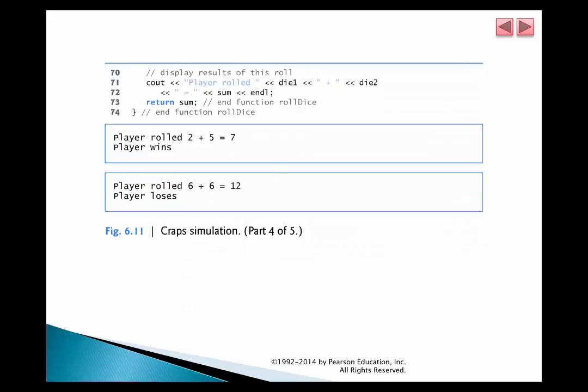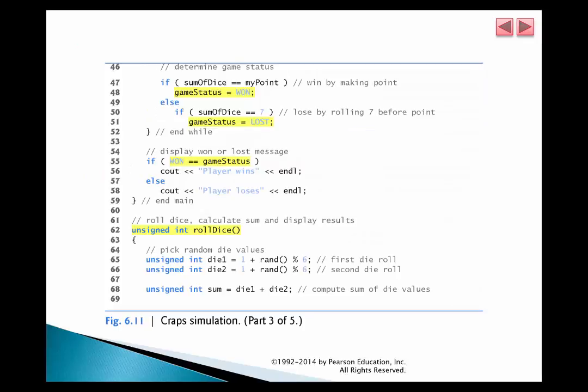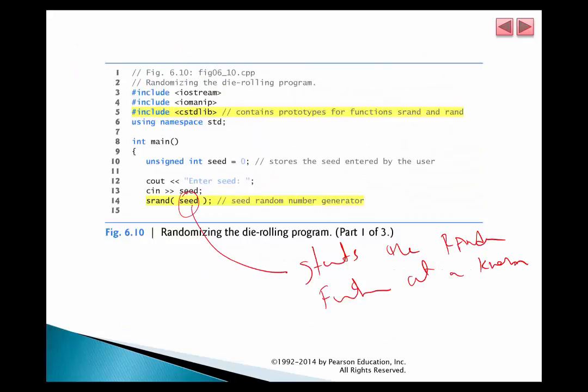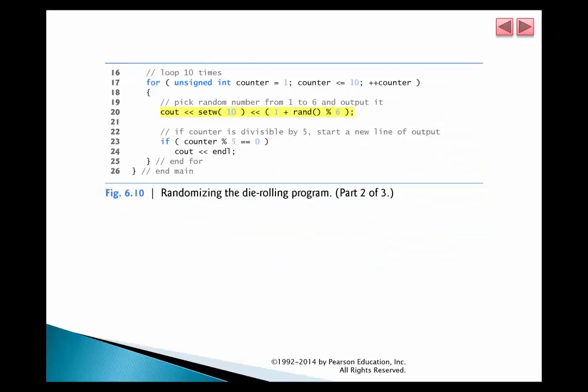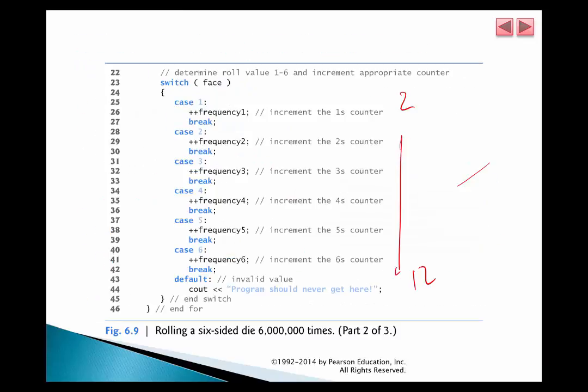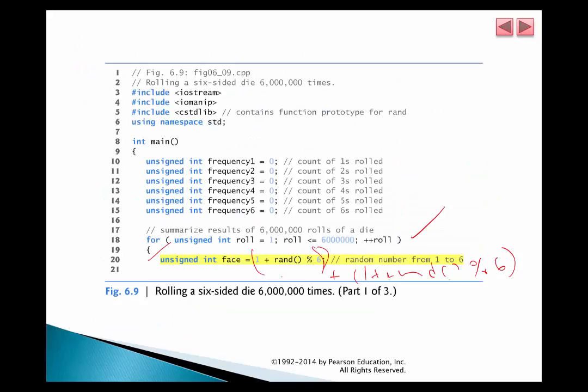If we go back to it, here he declared a variable called face within this for loop, and that for loop is a block.